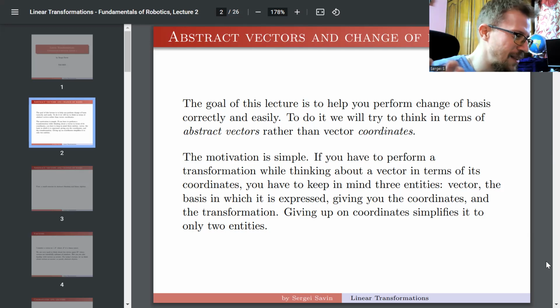So instantly you have 3 entities: the frame from which it transforms, to which it transforms, and in which coordinates it is expressed. Yeah, so it's difficult, juggling those things in mind. In abstract vectors, you won't need to think about the basis in which it is expressed, and that would make your life simpler.